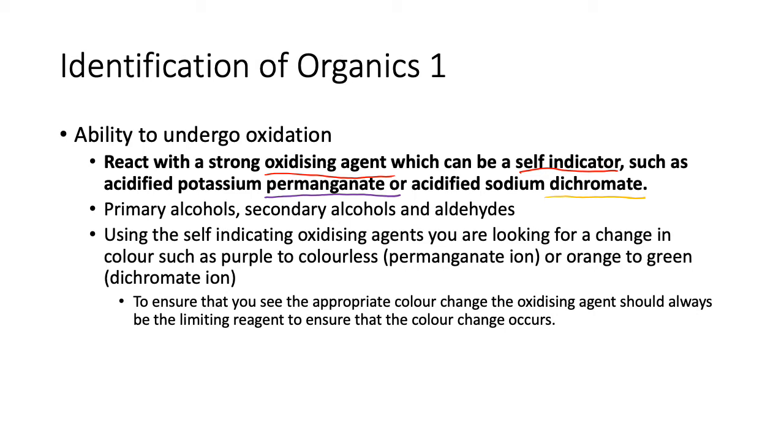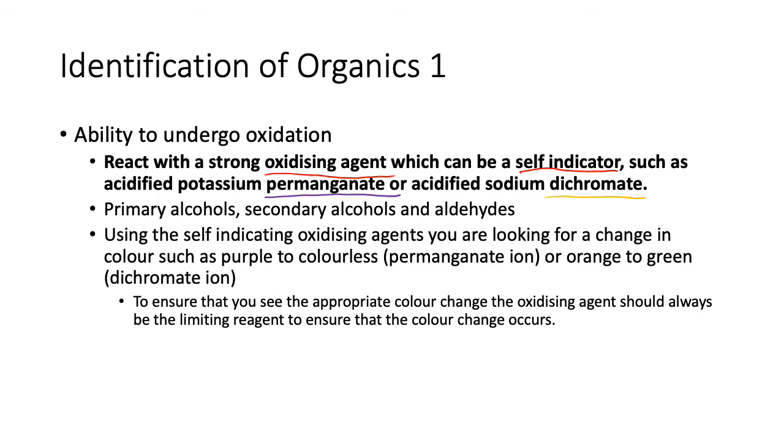Okay, because if you add too much of the self-indicating substance, then it may not all change, and then it will stay the color that it originally started at. Okay, so you might expect to see potassium permanganate change color from purple to colorless, but if you add too much permanganate, you're not going to go from purple to colorless, because there'll still be some purple permanganate left because it's in excess.